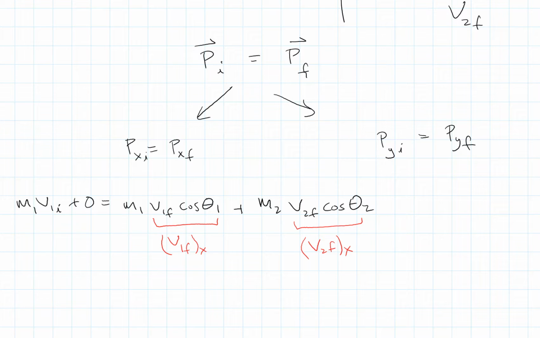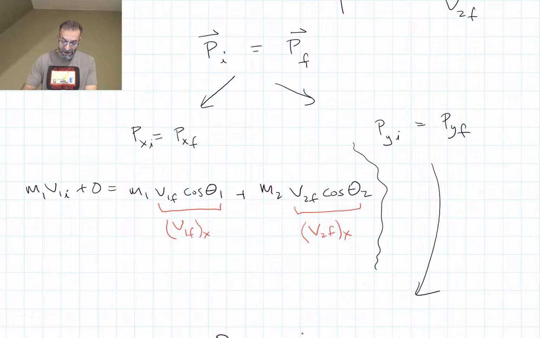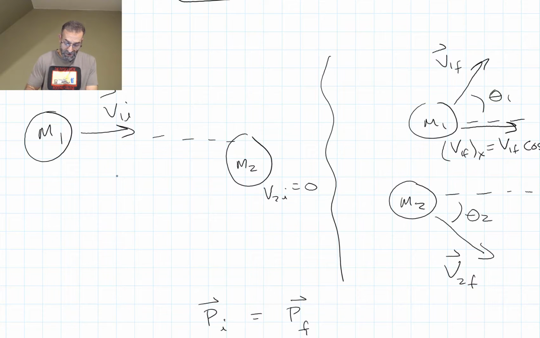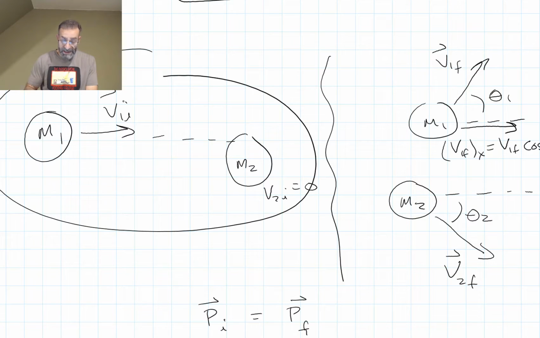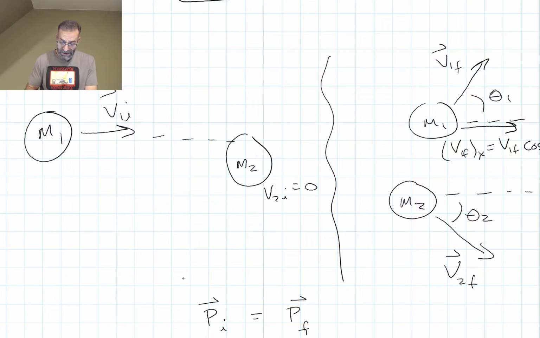So in the y direction, I know I started out with 0 y momentum. Neither one of these was moving in the y direction initially. So that means I have to end up with 0 at the end.